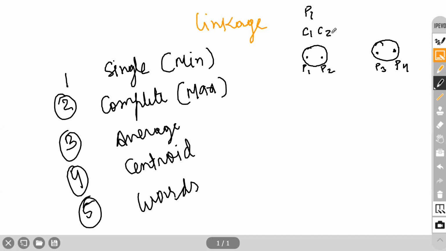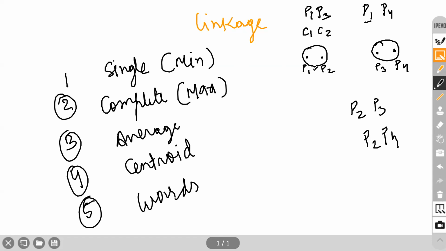Suppose cluster 2 has P3 and P4. Then P1 to P3, P1 to P4, P2 to P3 and P2 to P4. Whatever the minimum distance is, that will be regarded as the distance between the two clusters. You understand, the minimum.